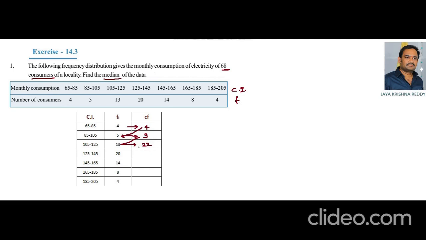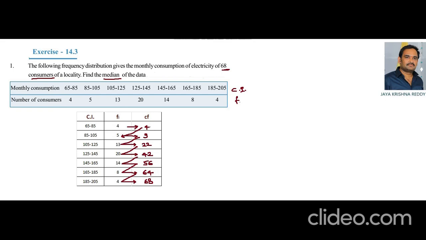For the next class, 22 is added to 20, it is 42. And 42 plus 14 is 56, and 56 plus 8 is 64, and 64 plus 4, so the last row CF value will be 68.